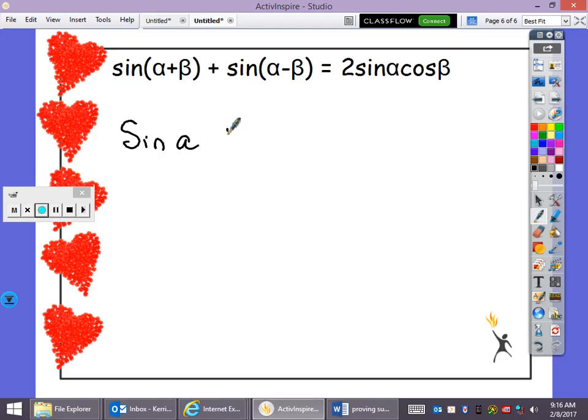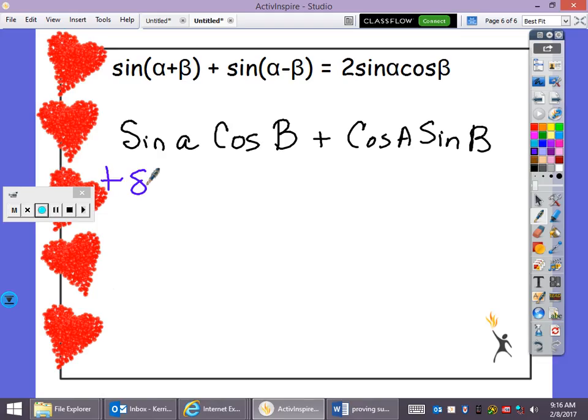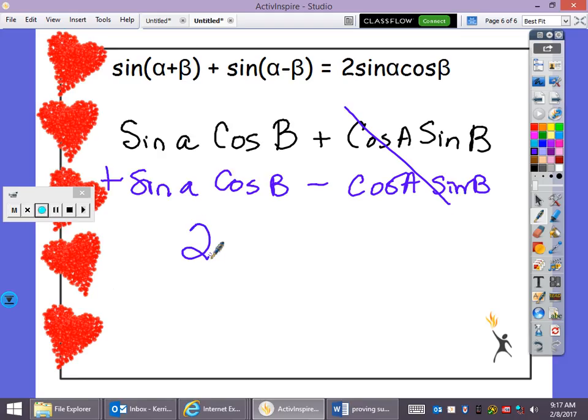Sine alpha, cosine beta, plus cosine alpha, sine beta, plus sine alpha, cosine beta, minus cosine alpha, sine beta. What happens? Cosines cancel, leaving me with 2 sine alpha, cosine beta.